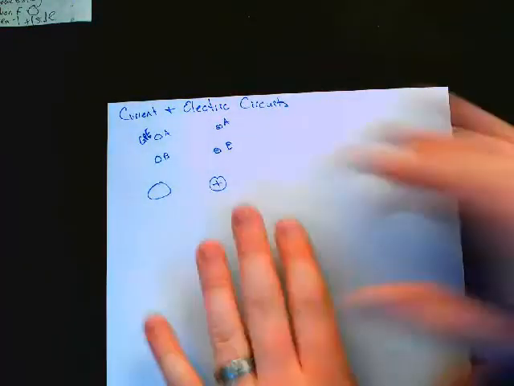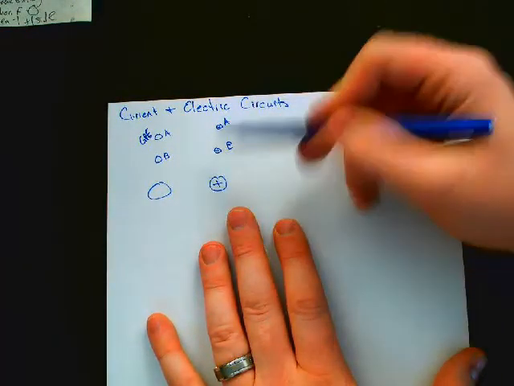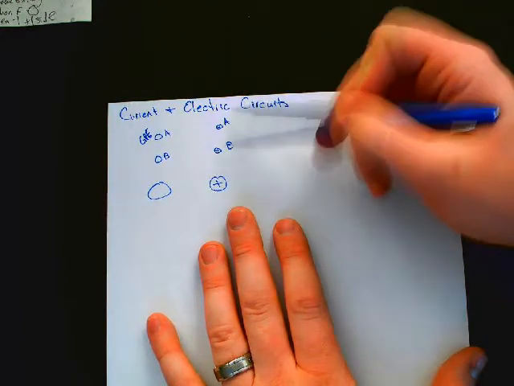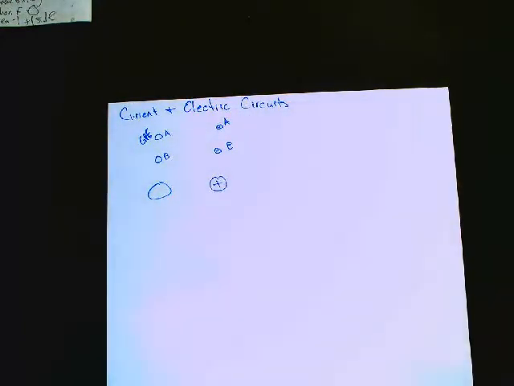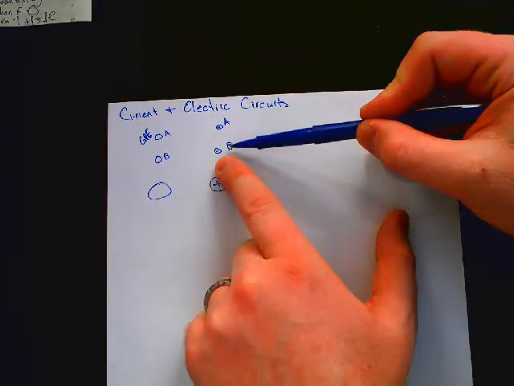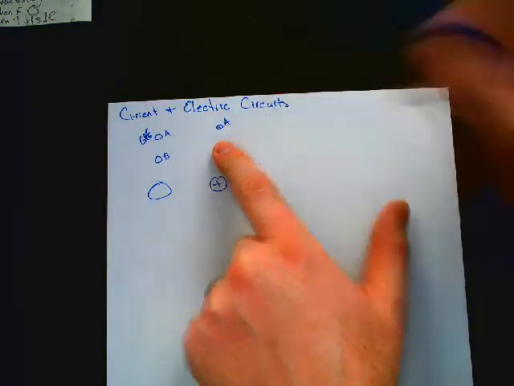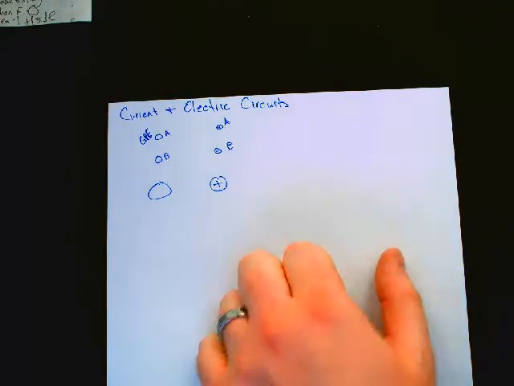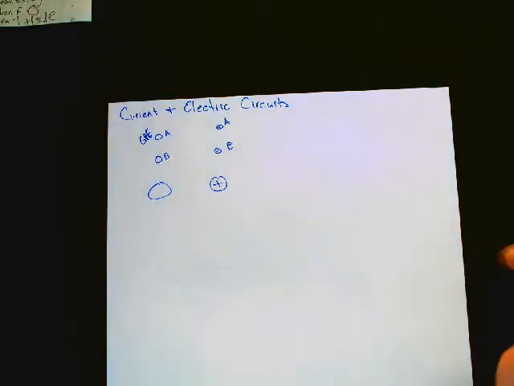Okay, now in terms of electricity, which one's going to have more energy, point A or point B? When I release these charges, or I release a charge here, and in a later time I release a charge here, which one is going to show that it had more electric potential energy?